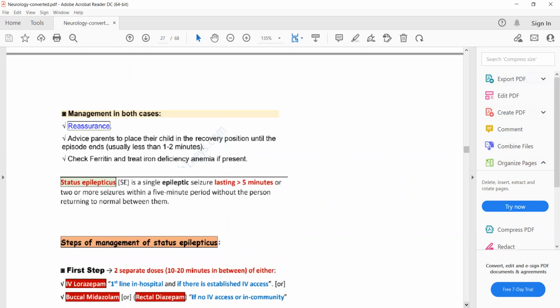Now, our next topic is status epilepticus. What is status epilepticus? Status epilepticus is a single epileptic seizure that lasts for more than 5 minutes, or 2 or more seizures within a 5 minute period without the patient returning to the normal position.